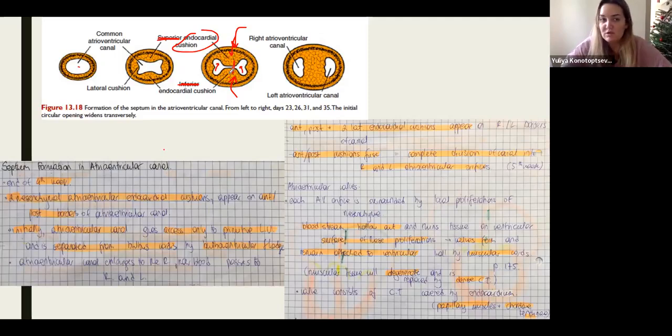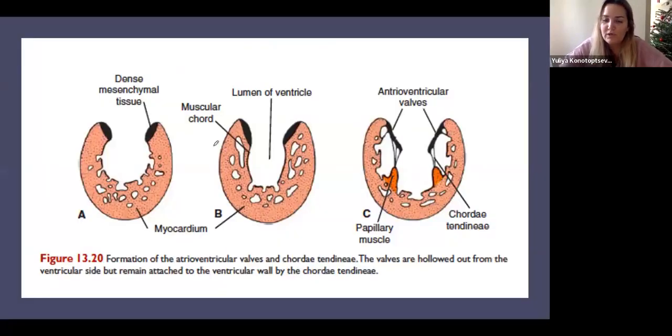So these cushions are not superior and inferior, because anatomically they are positioned like this. They are drawn like that, but anatomically, think of how your heart is positioned. So of course it's going to be the anterior and posterior endocardial cushions fusing together, and as a result creating some sort of septum. Here we're talking about the black thing that you can see here. That's the anterior and posterior endocardial cushions. Okay, so just a different perspective, right?